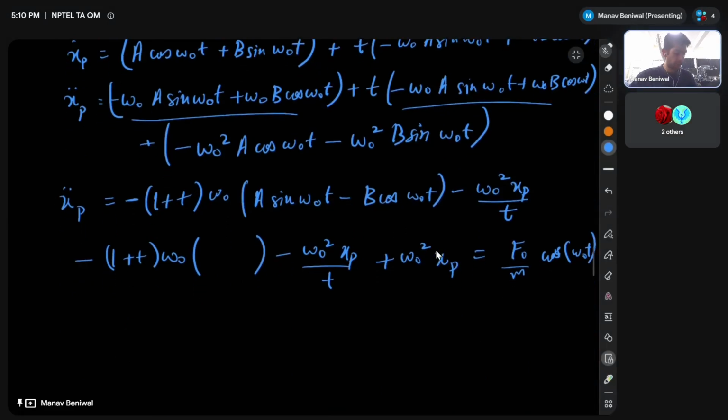Now if we compare the left hand side and right hand side, here we have a cos term and here we have both sine and cos.